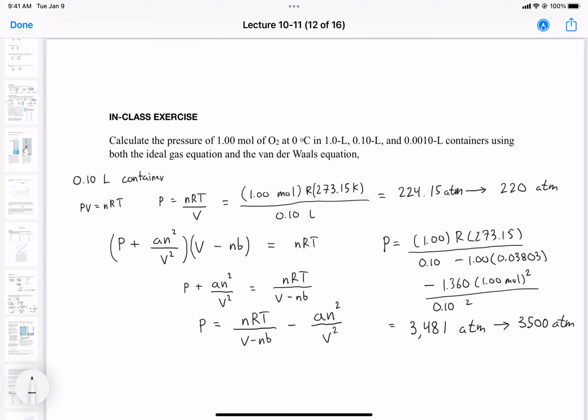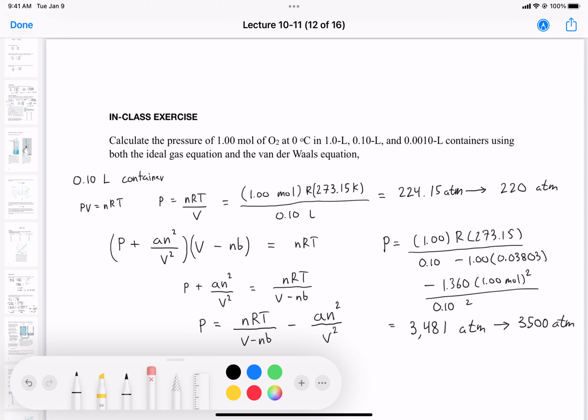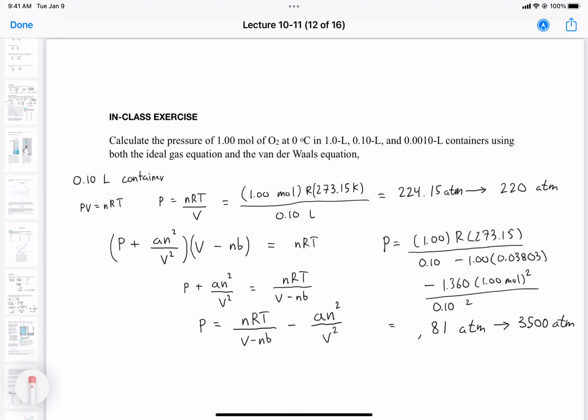So let's just change that back here. So it's actually 22.4. Yeah, so it's a little off there.